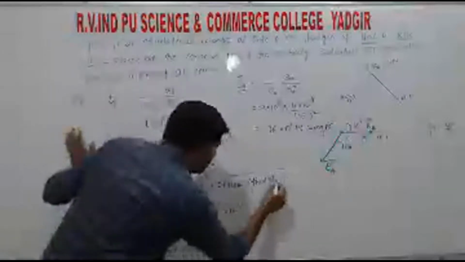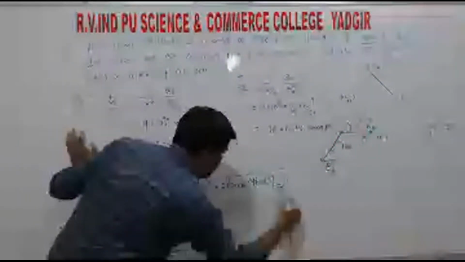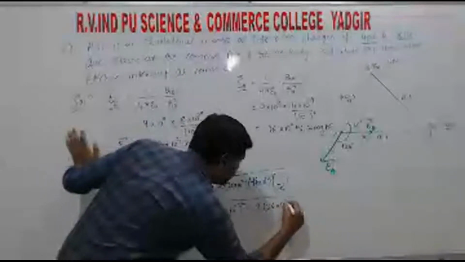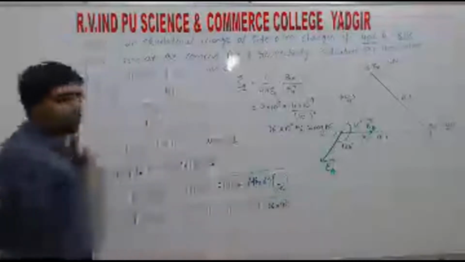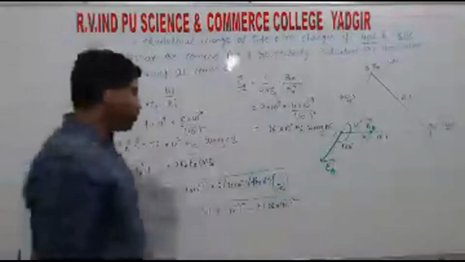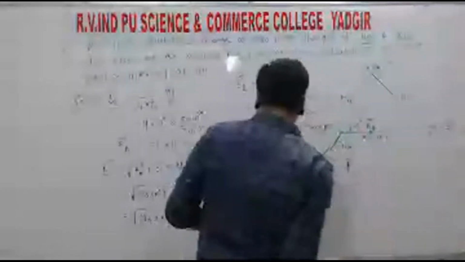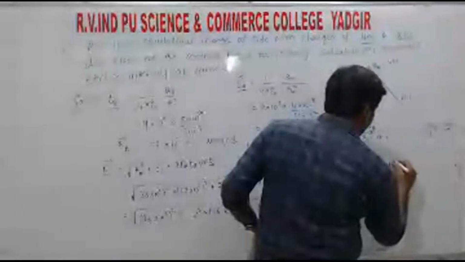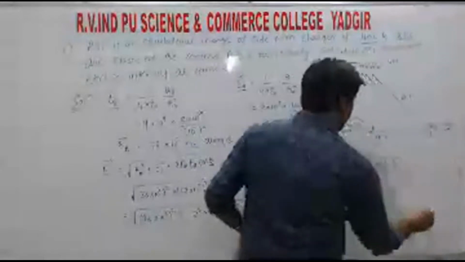Here again plus into minus, minus. So here we can write 2 into 36 into 10 to the power of 2, whole square. From all these we can take common 36 into 10 to the power of 2, whole square.